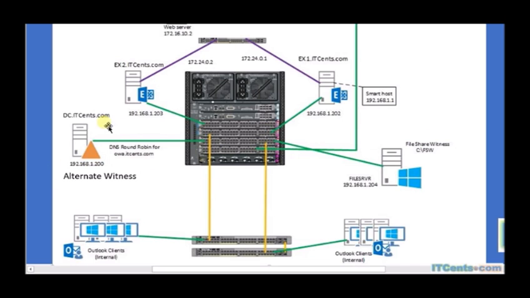In order for the alternate witness to take effect, you need to run some DAC-related commandlets. And that's what is always recommended: even if you have a single site or multi-site, always enable DAC mode for your Exchange Server DAG. By the way, DAC mode is disabled by default.